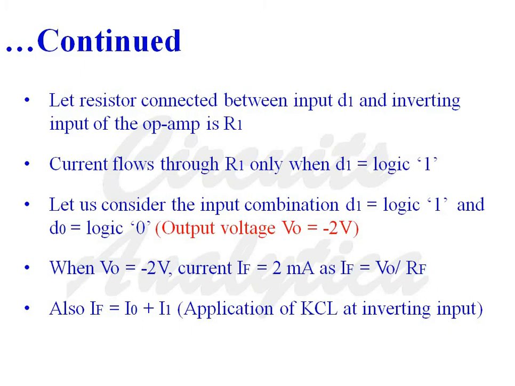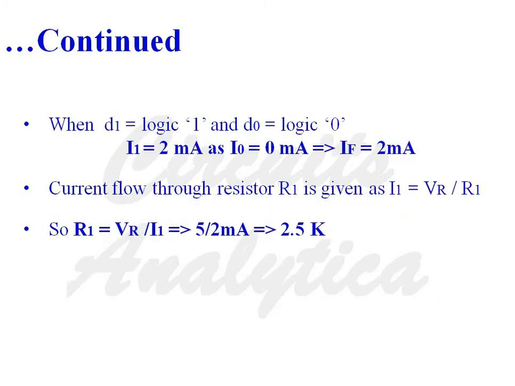Also, IF is equal to I0 plus I1, by application of KCL at the inverting input of the operational amplifier. I0 is the current flow through resistance R and I1 is the current flow through the resistance connected between digital input D1 and the inverting input of the operational amplifier.